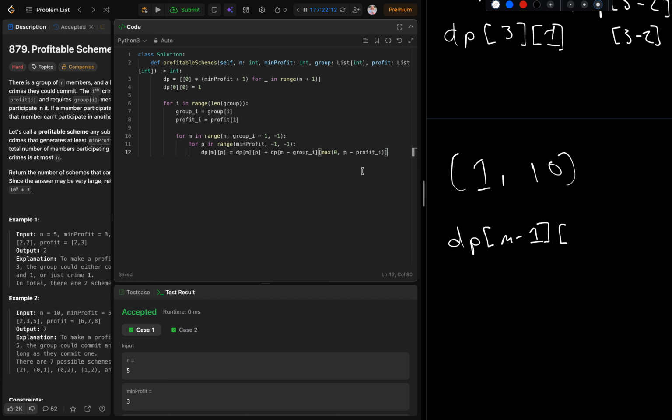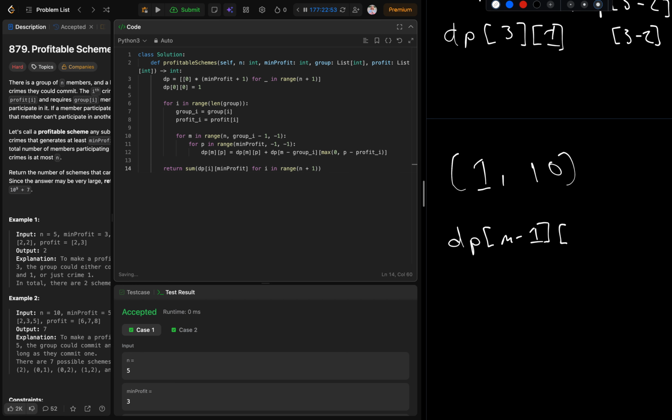So yeah, the only way we can get to M and P is if we got there from M minus group I with this amount of profit. That makes sense. And then return P. So N winner up. So it'd be the sum of dp[i][min_profit] for i in range of n plus 1.